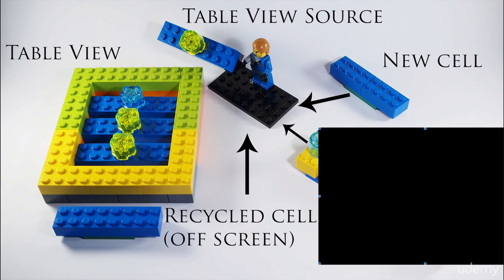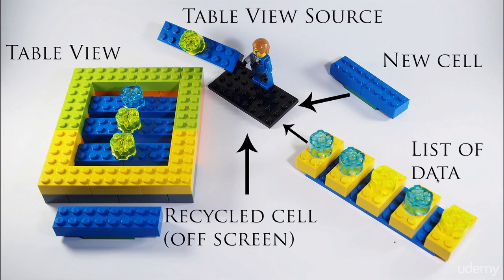So a table view source will create a new cell unless it can provide a recycled cell. The final piece of the puzzle is the list of data, and the table view source grabs the list of data and plants it onto each new cell, and it's then shown to you in the table view. That pretty much sums up table view and the table view source.